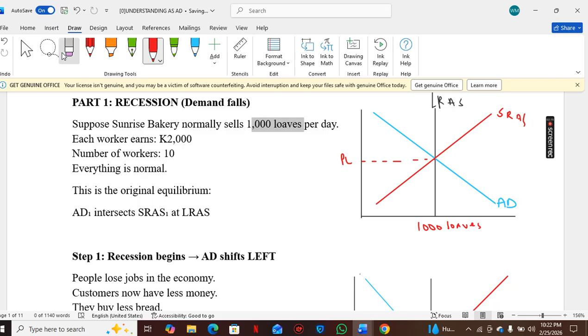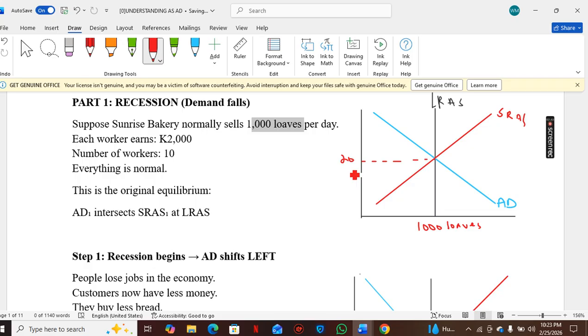And let's see, each loaf is selling for 20 kwacha here. So first we're going to see the start of the recession, then we're also going to look at an economic boom. Once we see both of these sides, we're going to be able to understand how this graph operates.